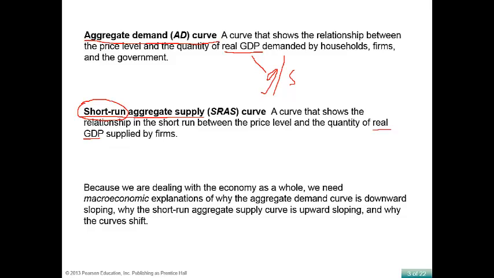Now, since we are talking about the economy as a whole, which is another way of saying macroeconomics, we need these macroeconomic explanations of why the aggregate demand curve has a negative slope or is downward sloping, and why the short-run supply curve has a positive slope or is upward sloping, and finally, why the curves either shift to the left or the right, which indicates a decrease or an increase.